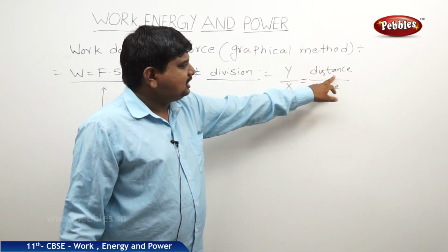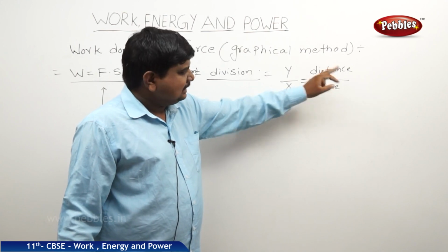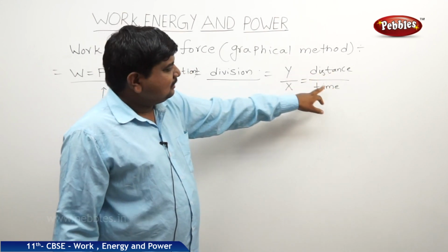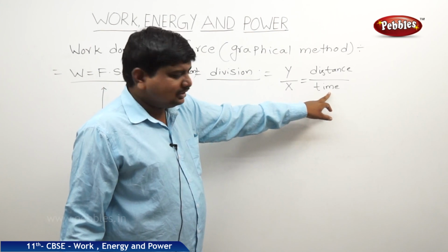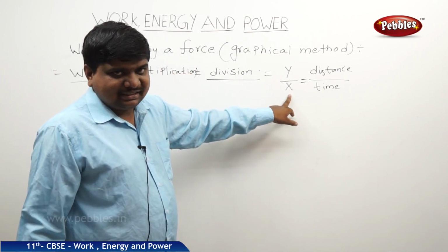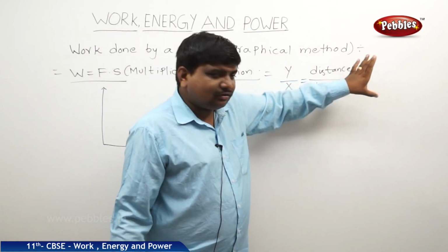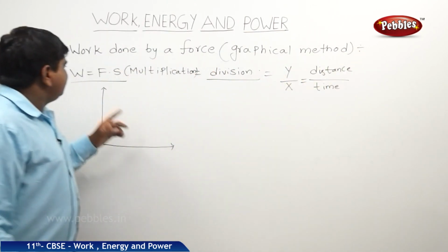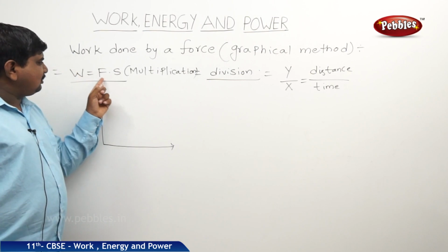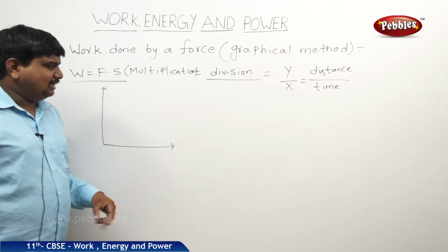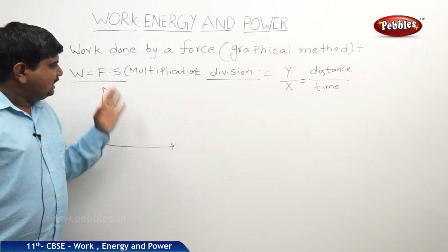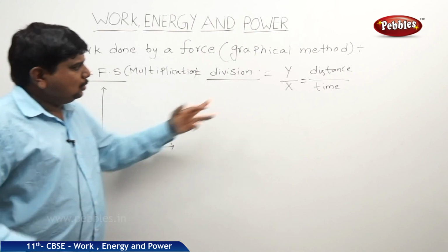The physical quantity in the numerator should be taken on the y-axis, and the physical quantity in the denominator should be taken on the x-axis. This is the rule for a physical quantity that results from a division. But here the physical quantity work is the result of multiplication of two physical quantities, force and distance. In this case, there is no such rule.